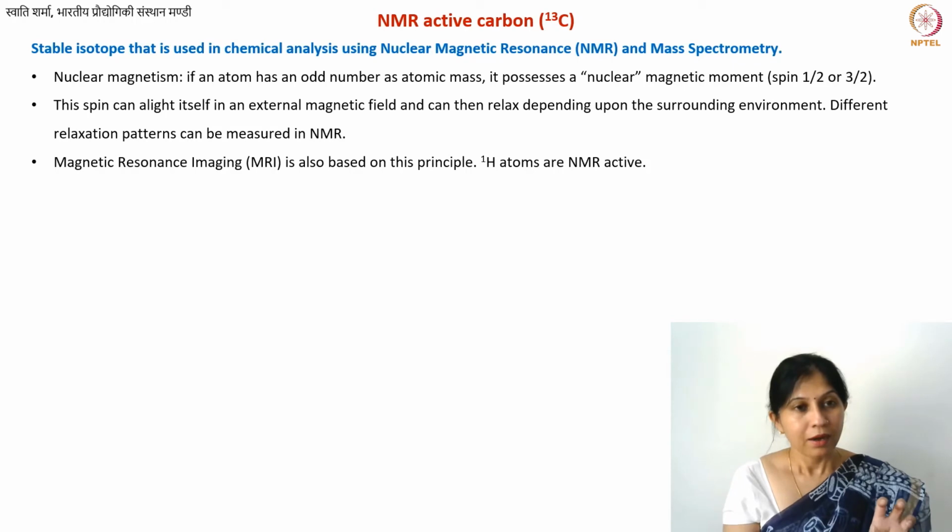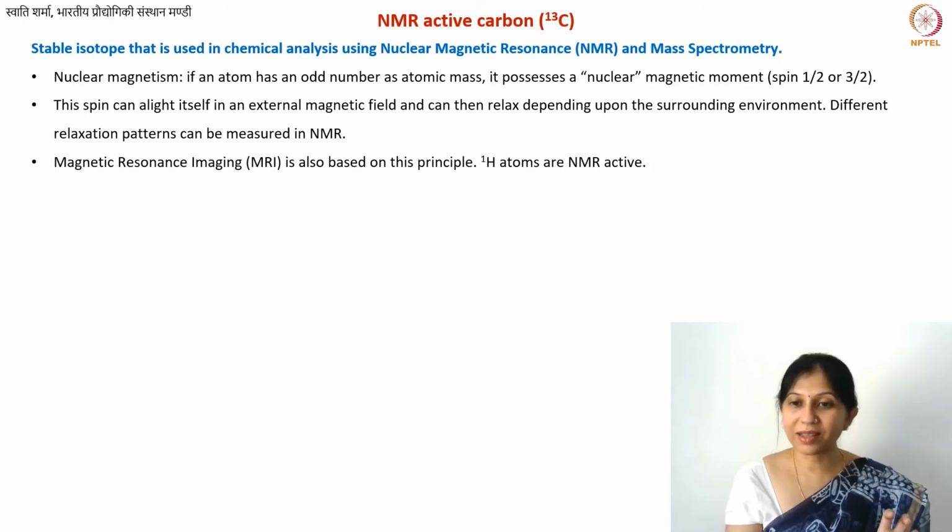Technically, we also call this technique nuclear magnetic resonance imaging, so the actual name of MRI is NMRI. But medically the term nuclear was removed because people get afraid whenever they think anything is nuclear. They think that now something bad will be done to my body. So that is why for medical purposes it's called only MRI and not nuclear MRI. But it is based on the same principle of nuclear magnetism.